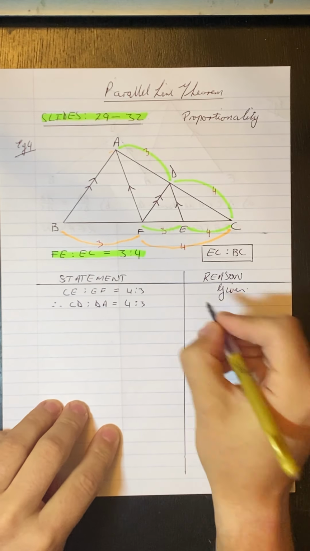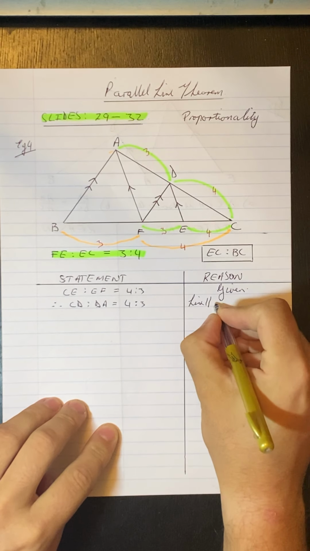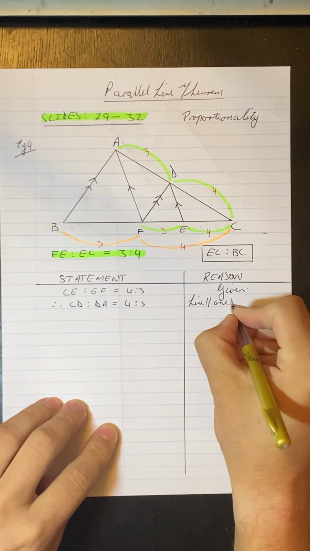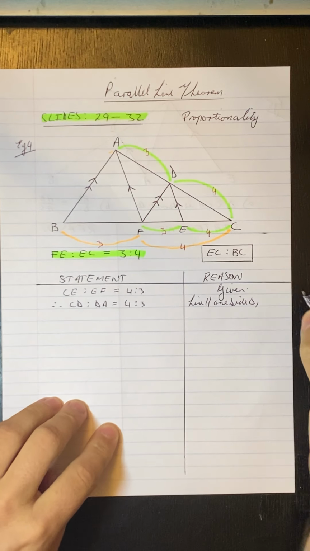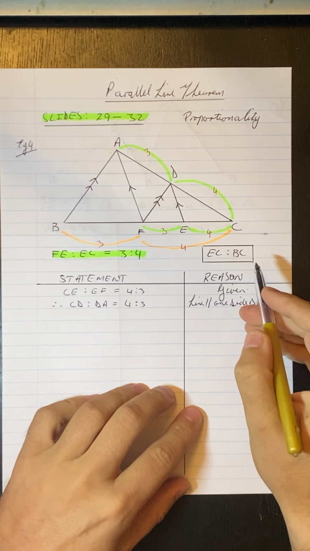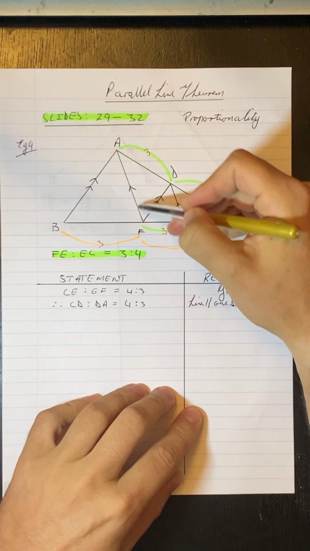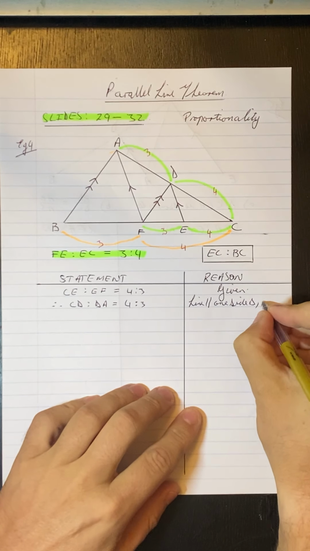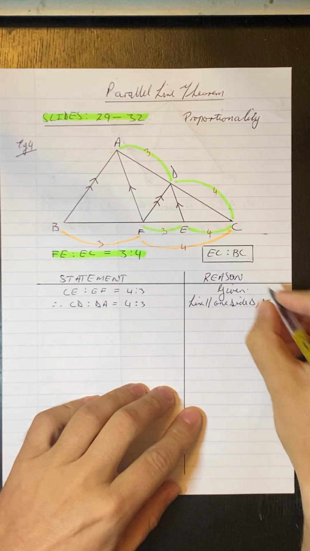Okay, and the reason for this, line parallel one side triangle. I'm just going to list the parallel lines that we used because we've got multiple ones here. So the ones that I used was this one with this one. So it's DE parallel to AF.